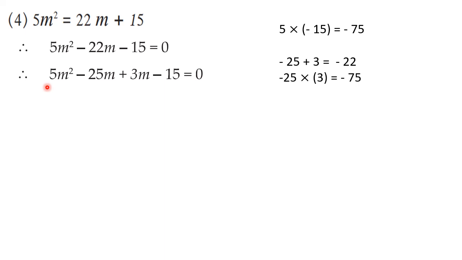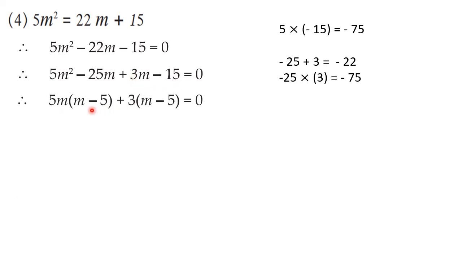So let us now group these first two terms and last two terms, and then take out common. Now here what you can observe is 25 comes in the table of 5. So here 5m is common. Don't take out m only as common. Take out 5m as common here. And from these two terms we can take out 3 as common, because 3 5s are 15.